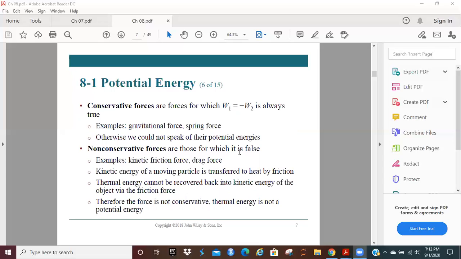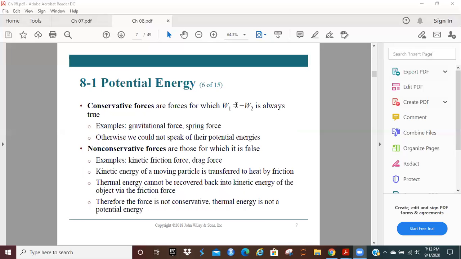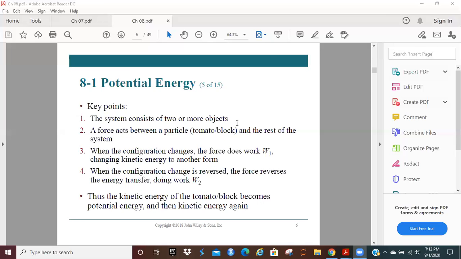So conservative forces are forces for which the work 1, which is the change of kinetic energy into another form, is going to be equal to minus W2, where the force reverses the energy transfer, doing work 2.